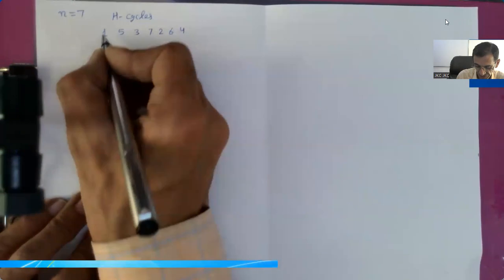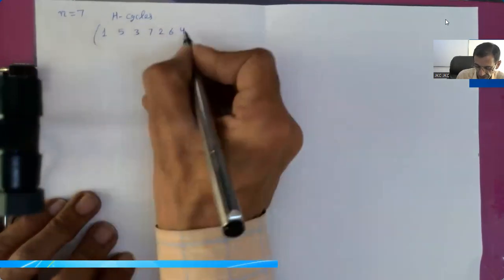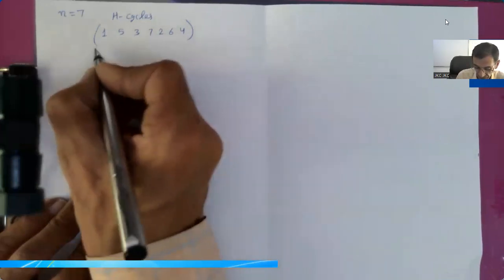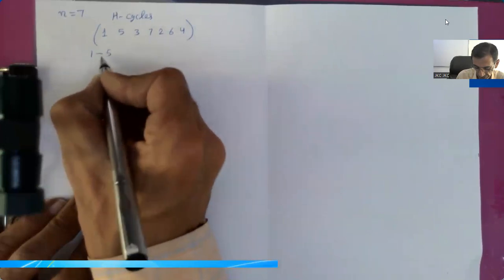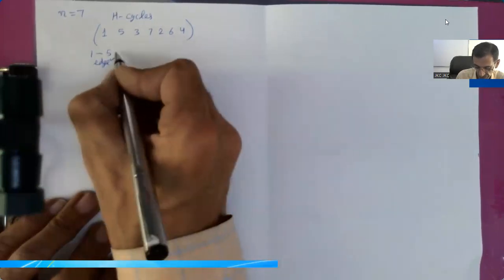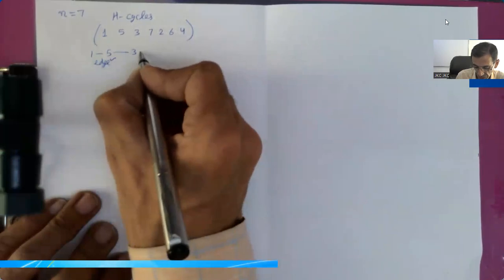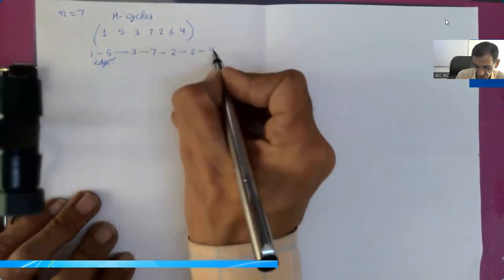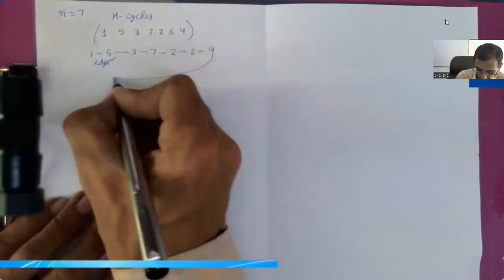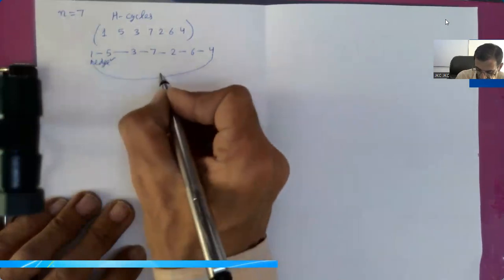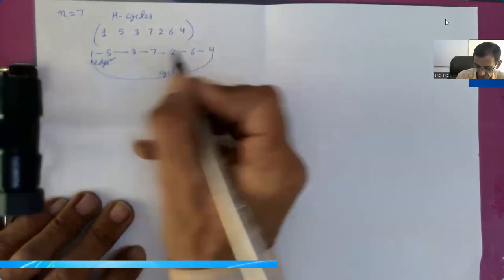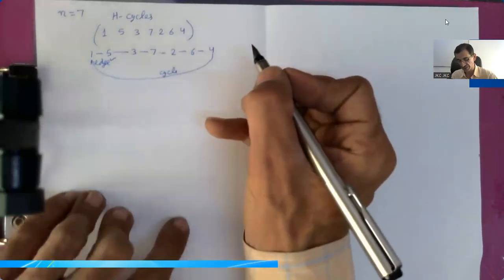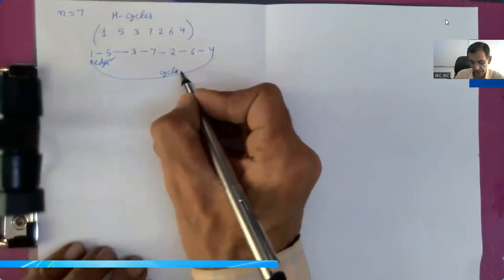So all 7 vertices are covered. The trip means from vertex 1, I will go to 5, so this edge is guaranteed to exist. Then 5 to 3, 3 to 7, 7 to 2, 2 to 6, 6 to 4. And then from 4, to make it a cycle, I am able to go back to 1. So a Hamiltonian path means all vertices covered exactly once, but a cycle means going back also. So it's a loop.